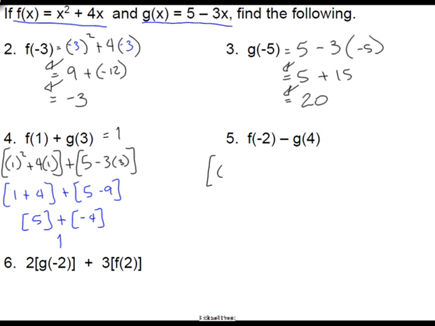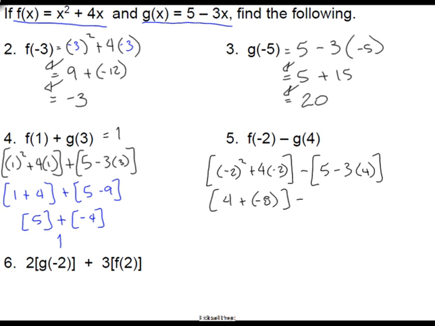I'm going to do -2 squared plus 4 times -2 minus 5 minus 3 times 4. Working inside out again, order of operations. This is going to be 4 plus a -8 minus 5 minus 12.